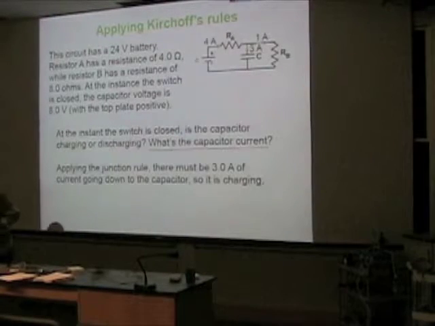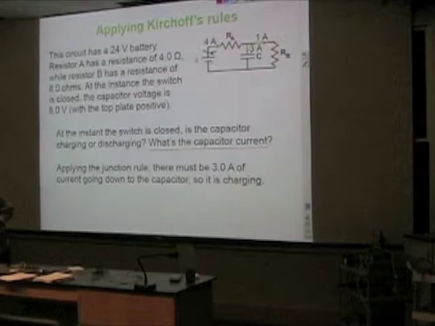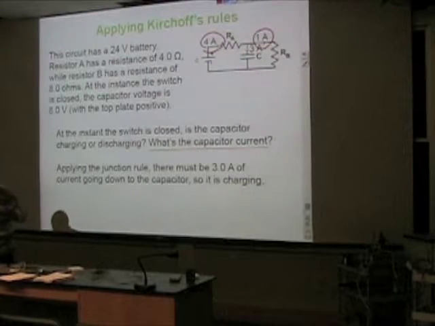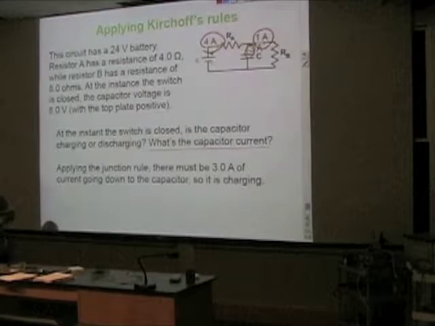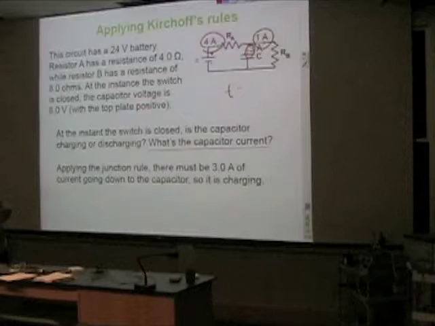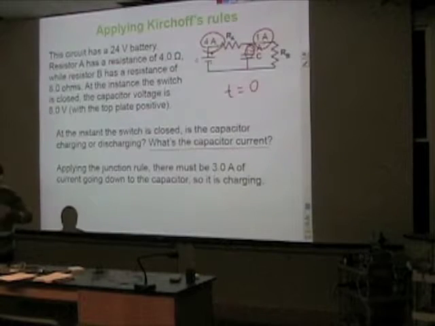And now we know all the currents. We just calculated this current is 4, this current is 1. What does it give us for the current through the capacitor? It must be 3. But again, it is only now at t equals 0 because everything changes over time. Any questions?